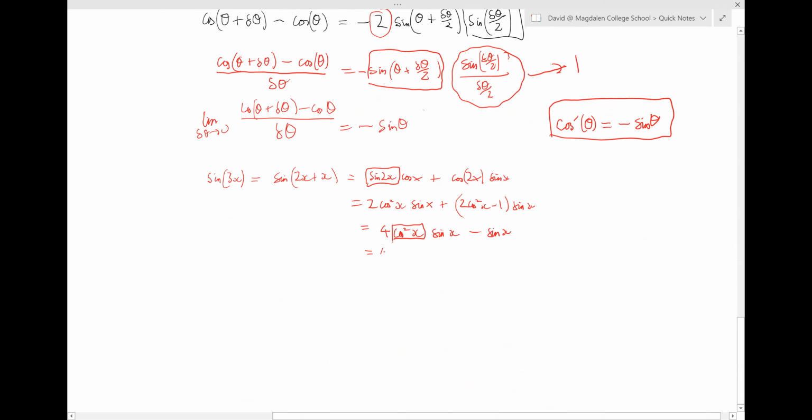But I can rewrite the cos squared x as 1 minus sine squared x. And then if I open the brackets, I get 4 sine x minus sine x, which is 3 sine x, and then I get minus 4 sine cubed x.